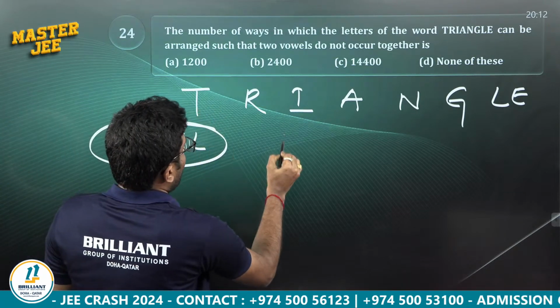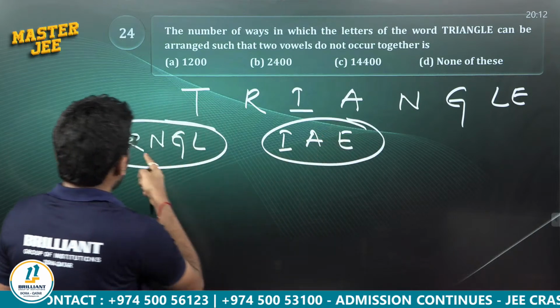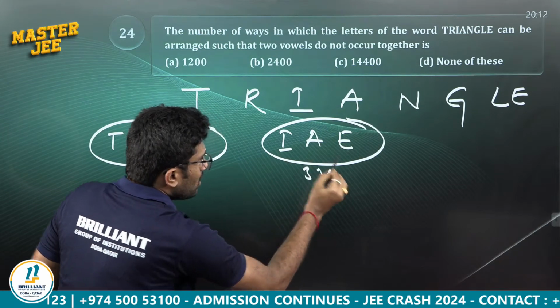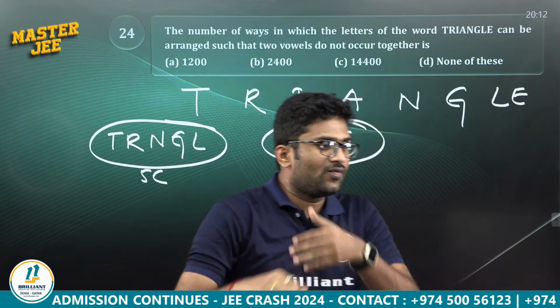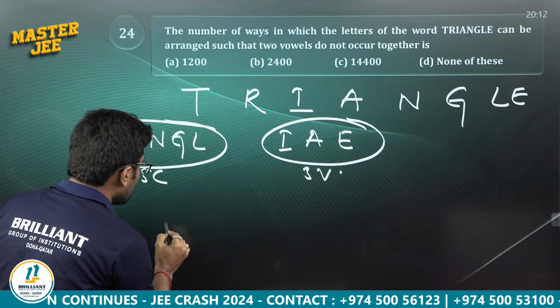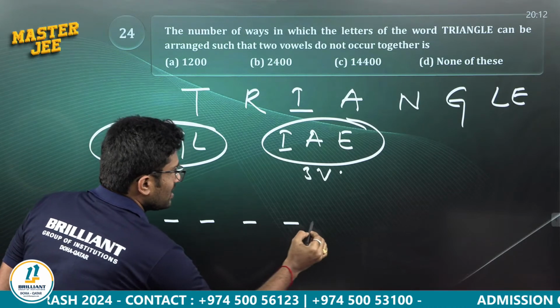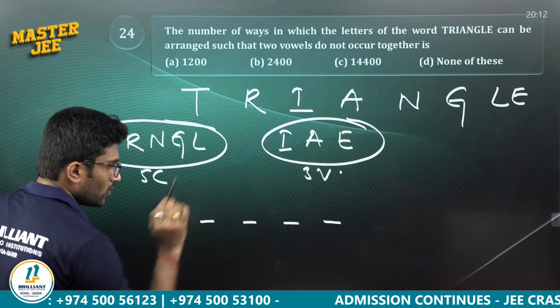Next, I-A-E. There are 5 consonants and 3 vowels. Now, no 2 vowels should be together. First, we do one thing. We arrange consonants, 1, 2, 3, 4, 5.